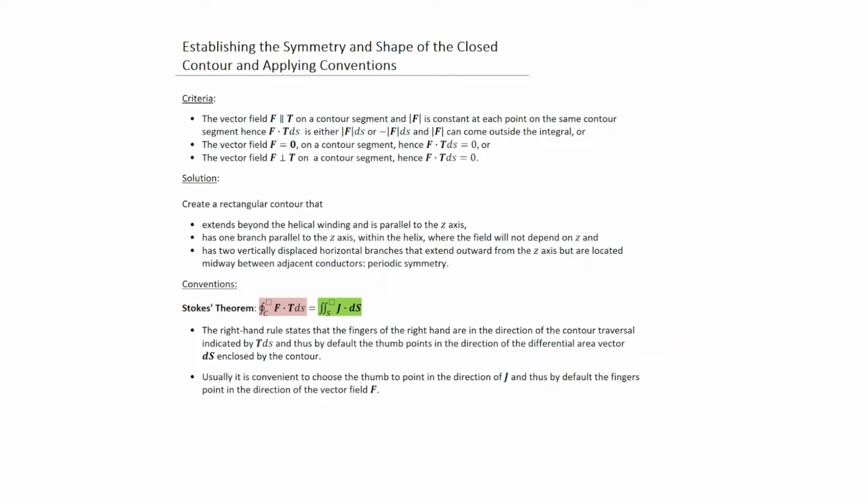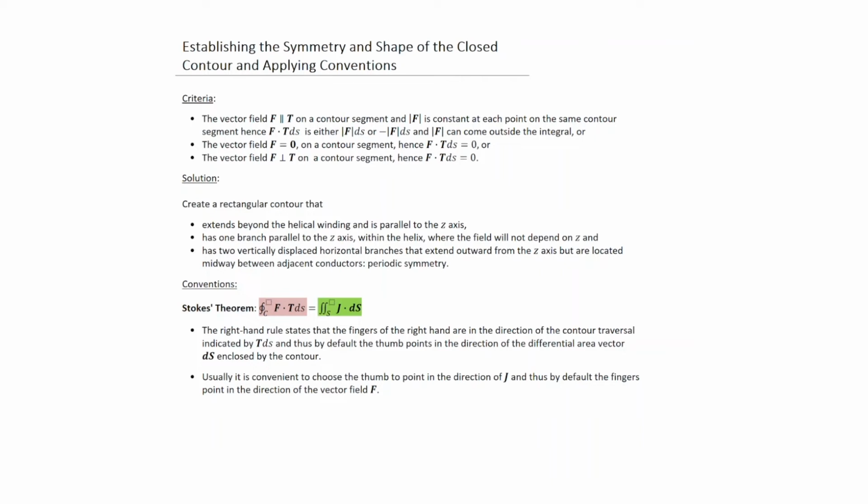So in this particular case, we're dealing with the infinite helical winding. We know that there's a field that's basically in the z-hat direction inside the helix, but it's 0 outside. And so it seems that a rectangular contour is the appropriate choice. And there are 4 sides.